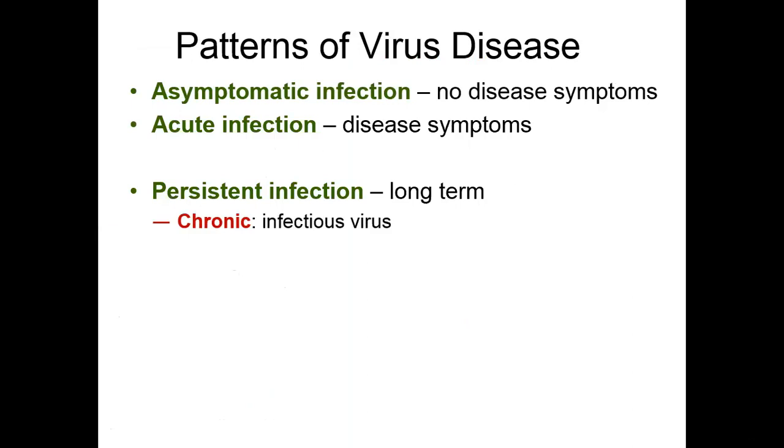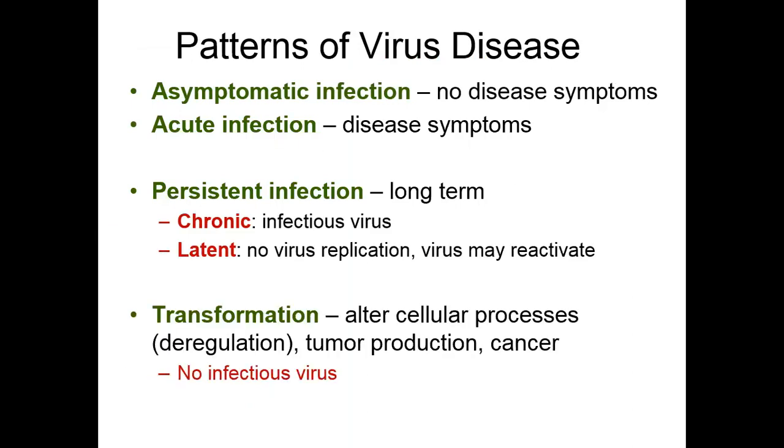This is a redundant slide which only points out the importance of the patterns of virus infection. As we mentioned, there are four different patterns in which a virus exhibits its disease. It would be either asymptomatic infection, where there would be no disease symptoms; acute infection, where the signs and symptoms of the disease are present.